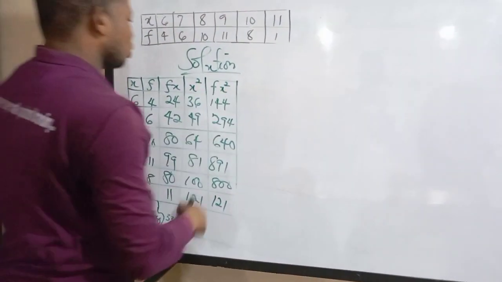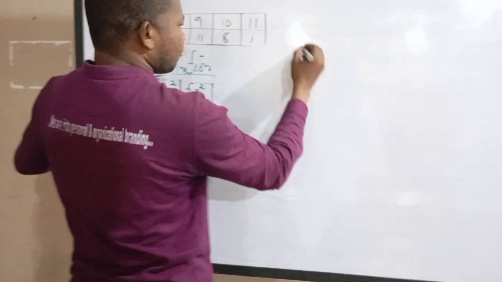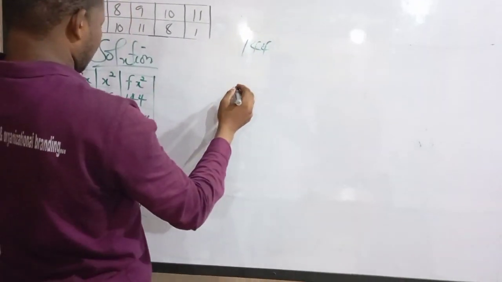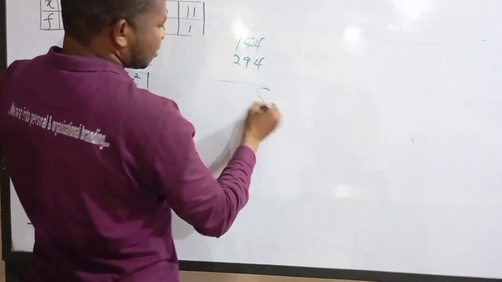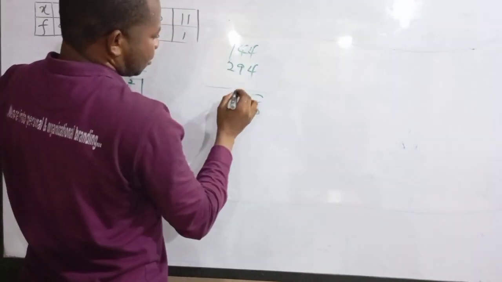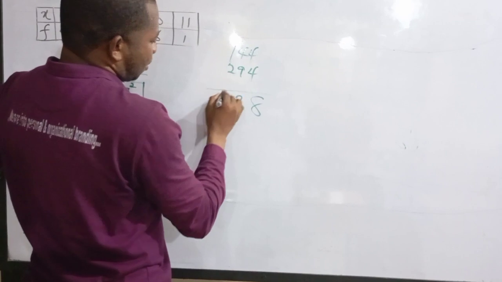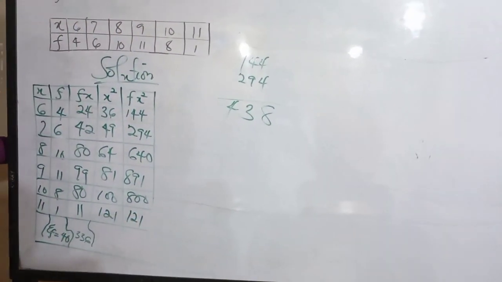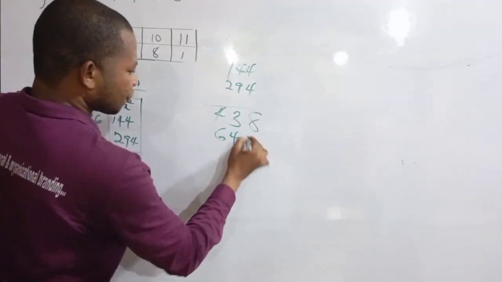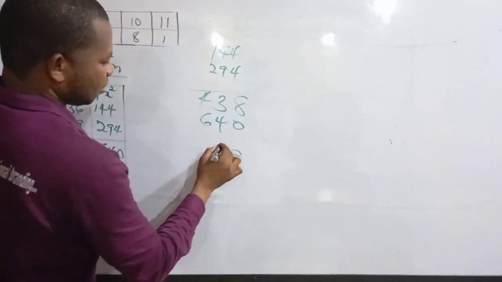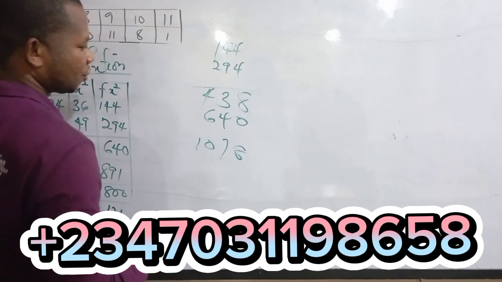Now, summation of the whole of this: 144 plus 294 gives us what? This is 8 plus this 13, carry 1, 4. Then plus 640, this is 8, this is 7, 10.